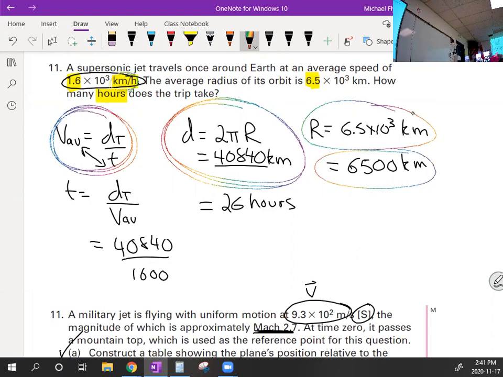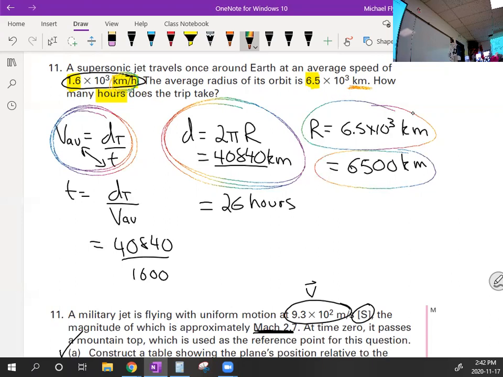Here, the speed is given in kilometers per hour, and the distance is given in kilometers. So you can just leave it, and when you do the math, the answer will be in hours, okay? We can leave the units as they are, kilometers per hour and kilometers, and then when we find the time, it'll be in hours, of course, because of the units that you see in the question.